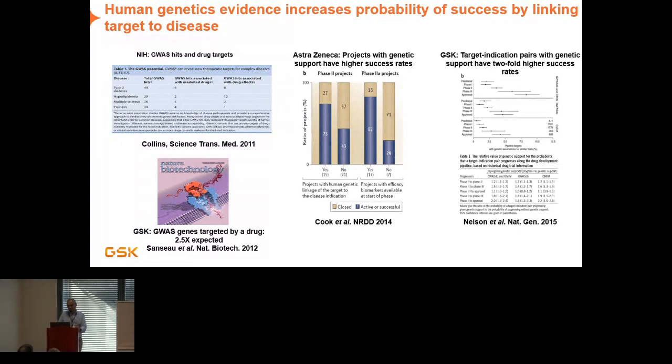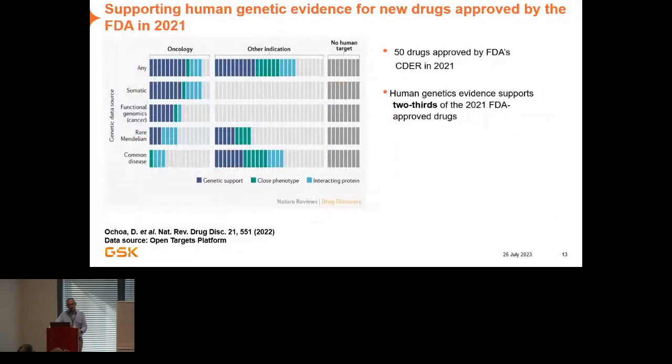More recent work, again in collaboration with Open Targets, was published in November last year, looking at FDA-approved drugs in 2021, and that just confirmed the story: 50 drugs were approved, and two thirds had some evidence of human genetics. And two weeks ago there was a paper in medRxiv, again giving the same message.